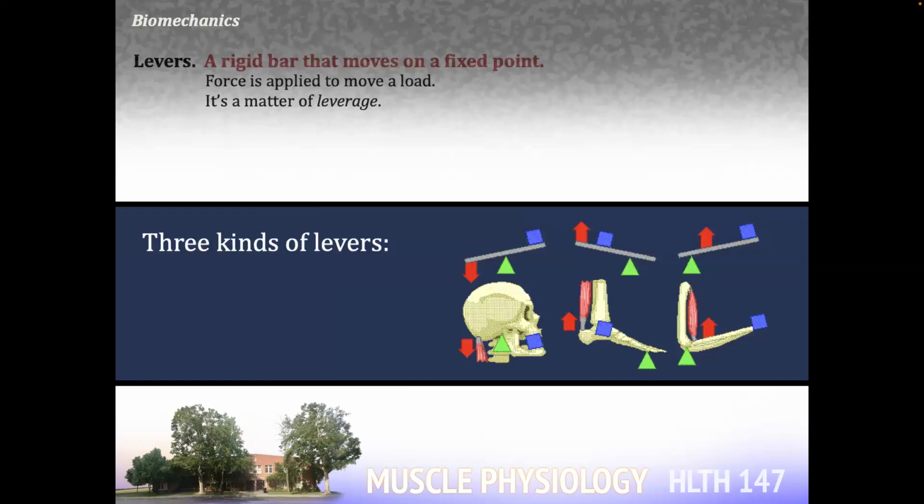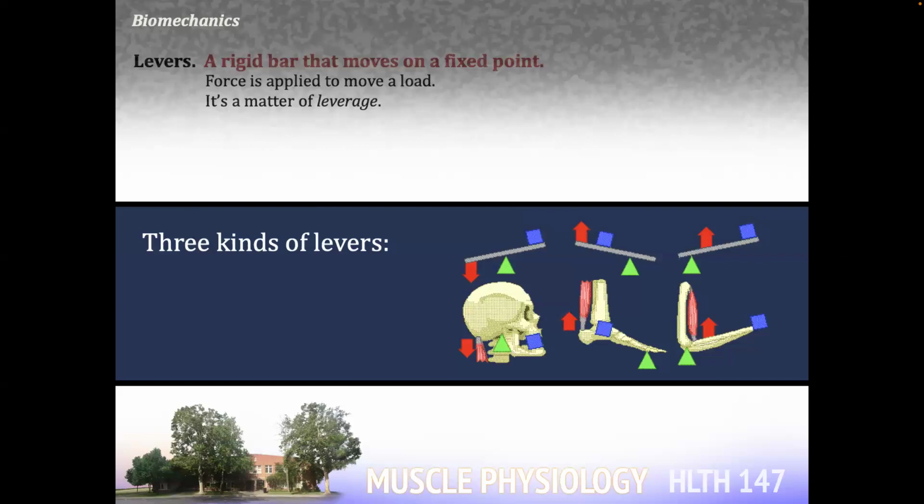The fulcrum is in the middle, and it can have a mechanical advantage or disadvantage depending on where the load and forces are in reference to the fulcrum. We'll talk more about that soon. In the middle, both top and bottom, that's a second class lever. Classes two and three always have the fulcrum on one end.